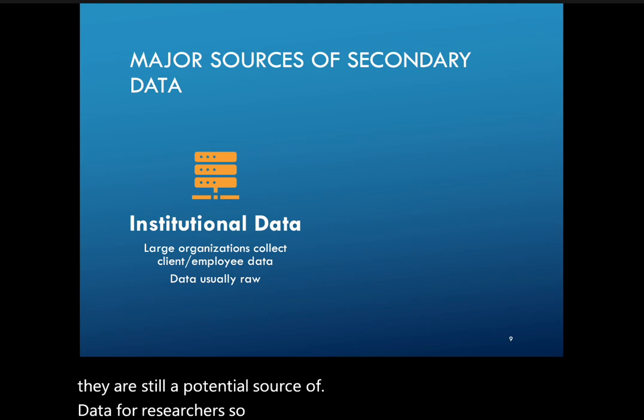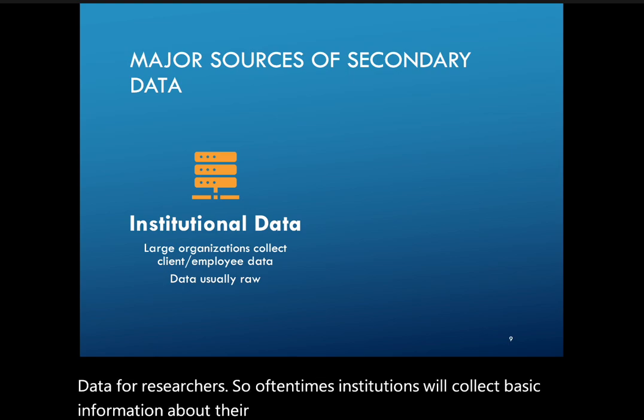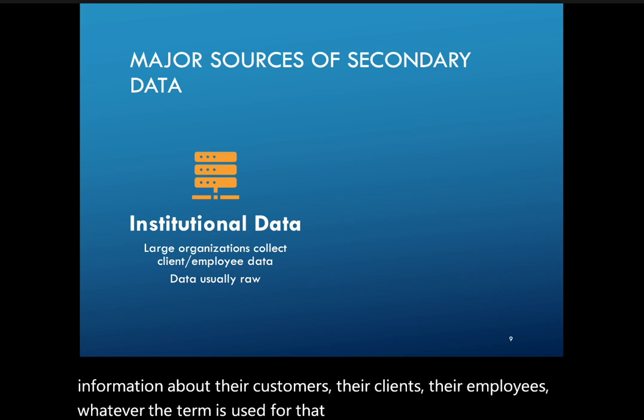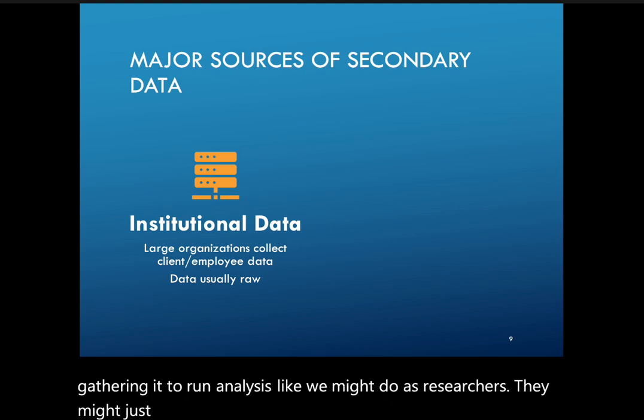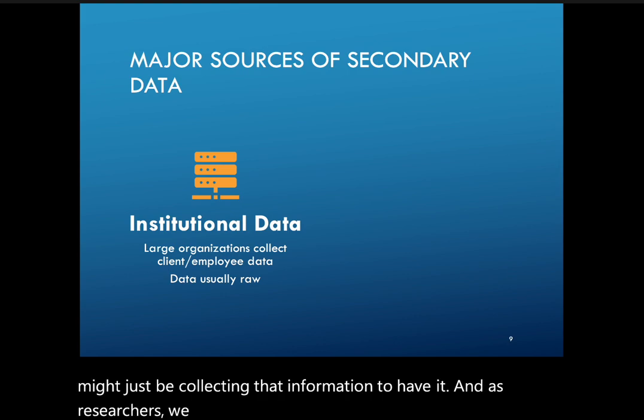Oftentimes, institutions will collect basic information about their customers, their clients, their employees, whatever the term is used for that institution, but they're not gathering it to run analyses like we might do as researchers. They might just be collecting that information to have it.